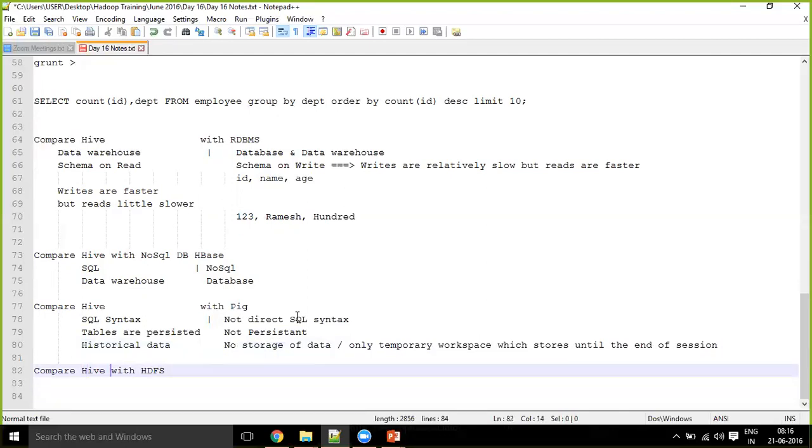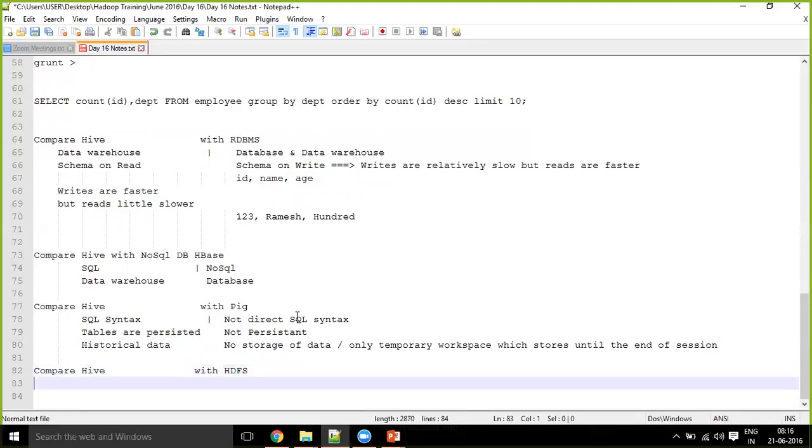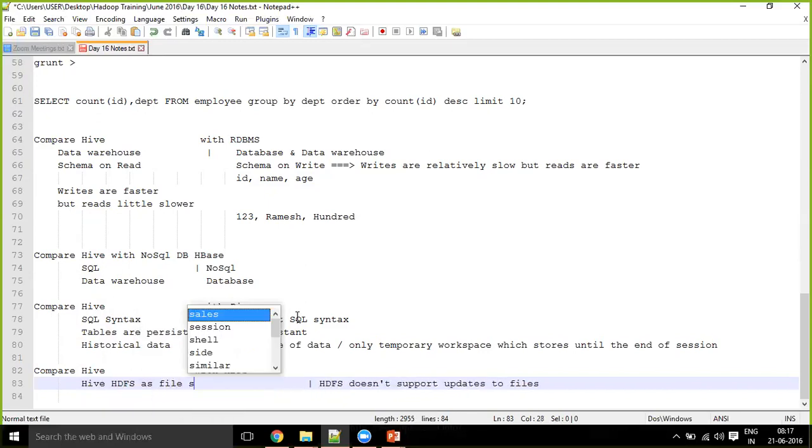And here, Hive with HDFS. Hive, if you know, HDFS does not support updates to files, and Hive uses HDFS as the backend file system.